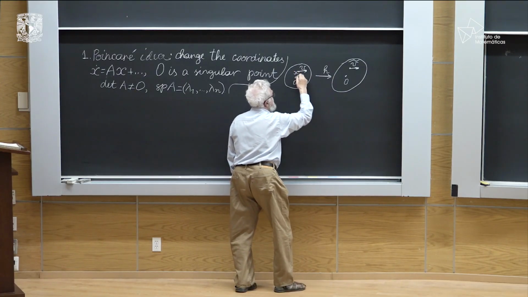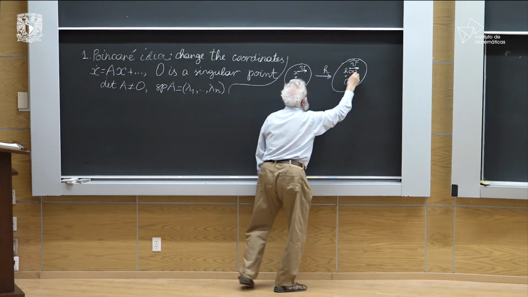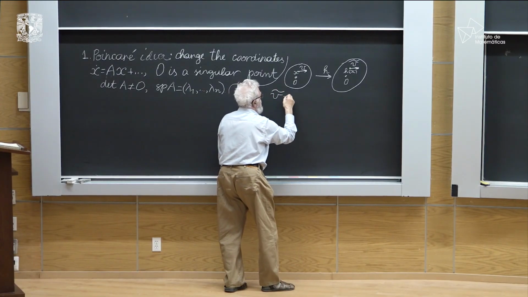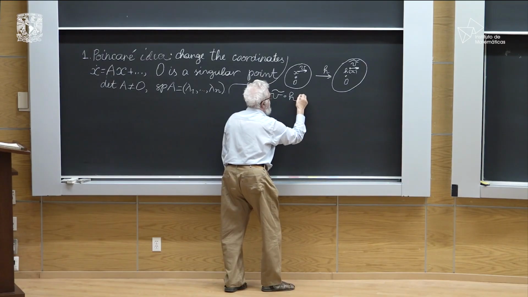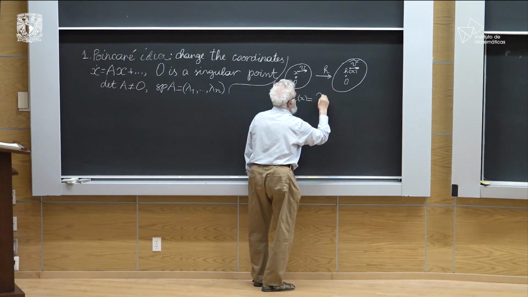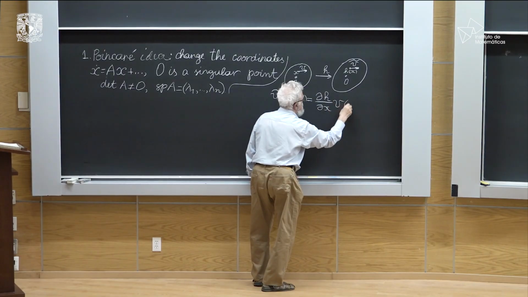If x is this point, h of x is this point, then V tilde at h of x equals the derivative of h applied to V at the point x.